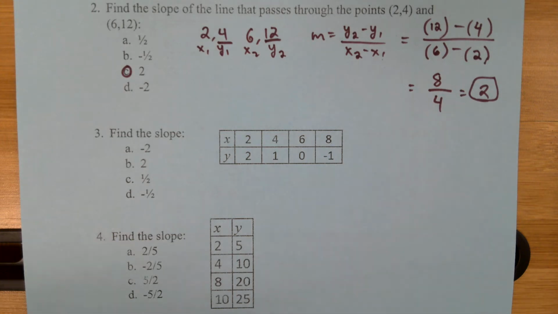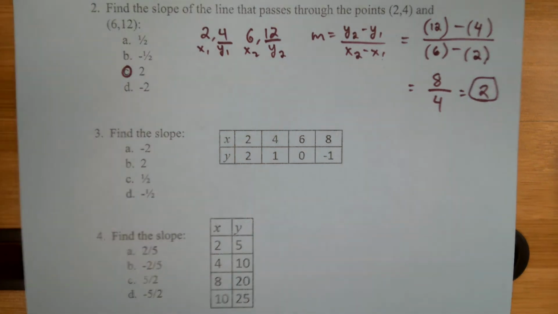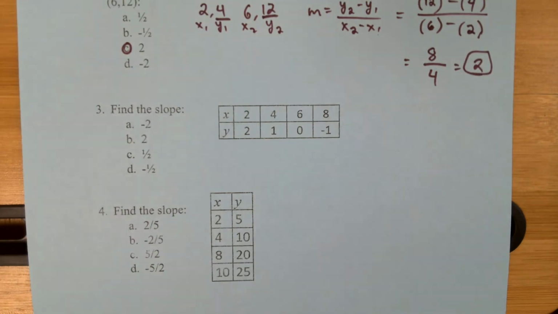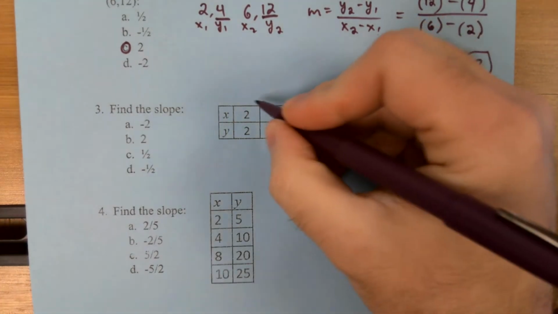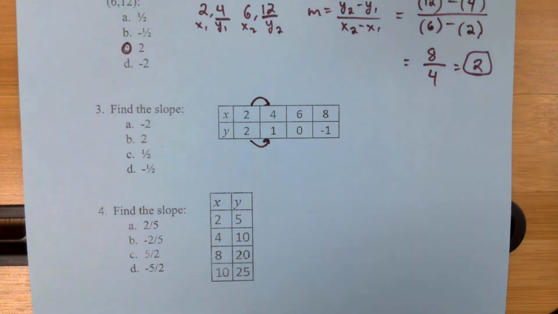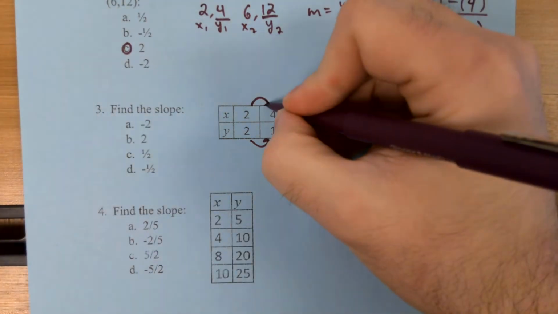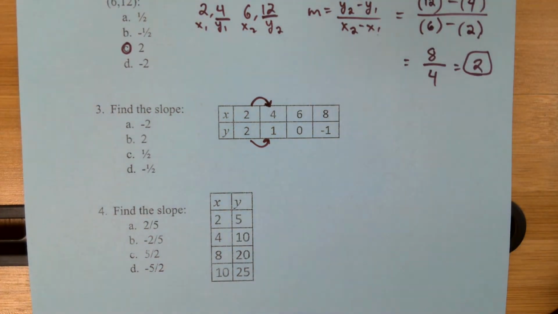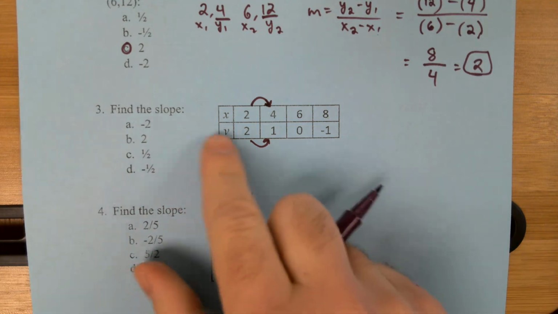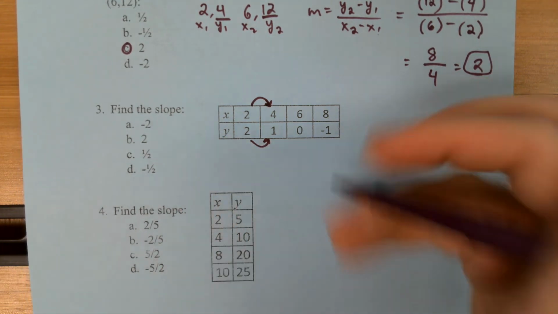Yeah, go ahead. Number 3, finding the slope from a table. Whenever you see a table and you're asked to find the slope, just draw your arrows right away so you know what's going on. What's our change in y here? What's our change in y from point to point? From 2 to 1? Minus 1.